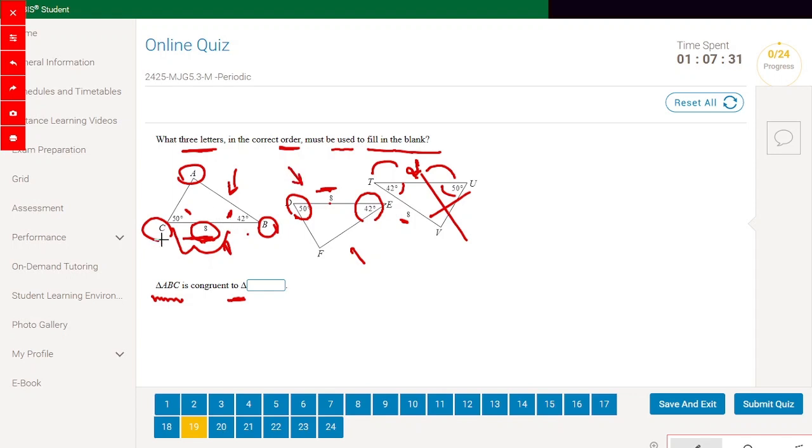And here C is congruent with D, and B congruent with E, and F congruent to A. So here A is congruent to F, and B is congruent to E, and C is congruent to D. So the answer will be triangle FED. Take care about the order of the letters, okay?